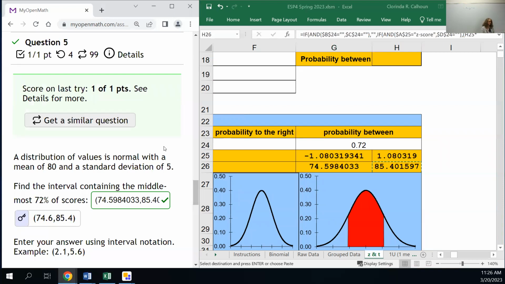You would use regular rounding rules if you're going to round. 5 or up makes it go to the next number. 4 or less makes the number stay the same. Anybody have any questions for 5?